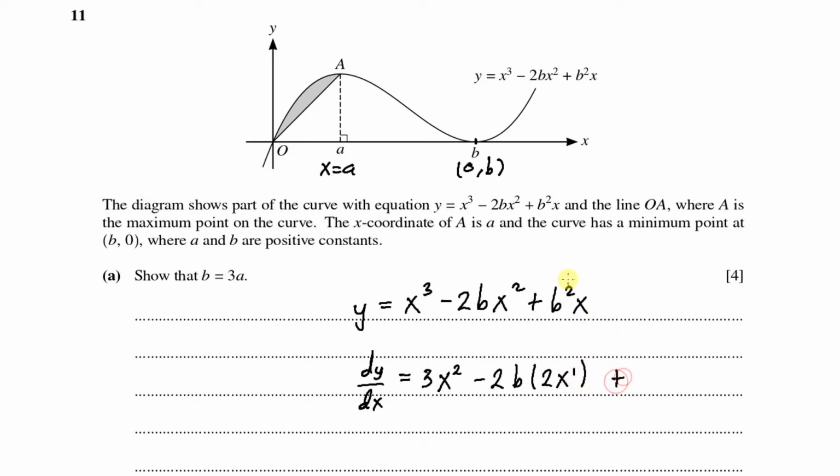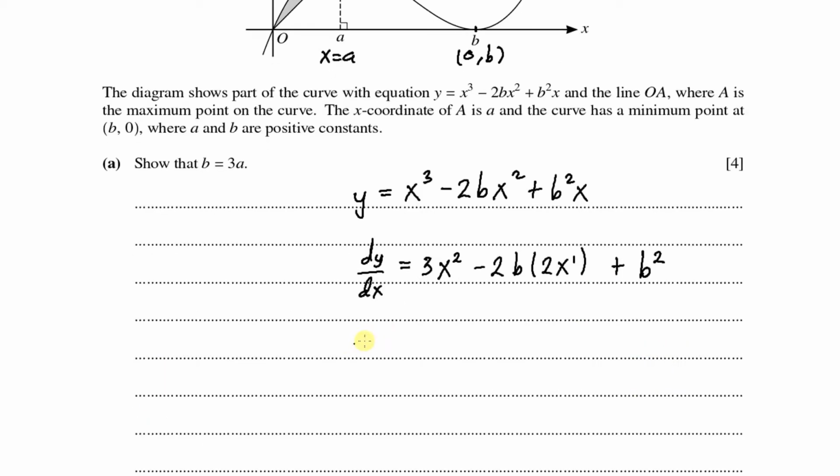And that's plus differentiating b²x. That's a constant times x, so we just get the constant. So dy/dx comes out to be 3x² − 4bx + b².